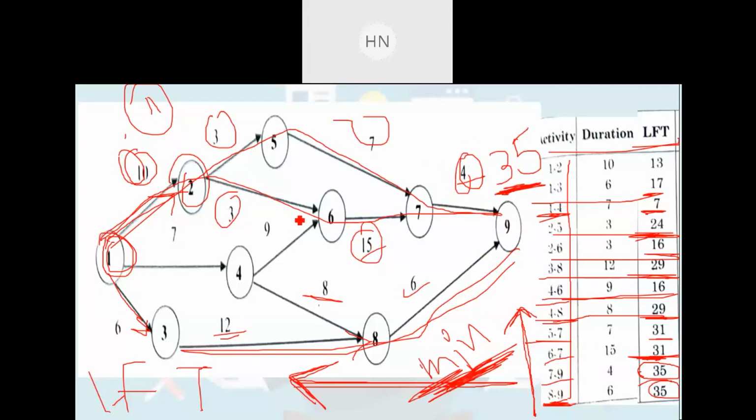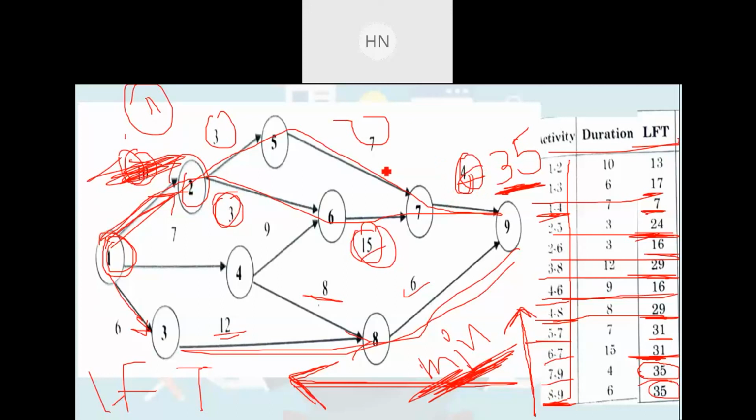What will be the answer for this second option for 1 to 2? This 10 you need not consider. You need to deduct from 35, that is 3, 15 and 4.